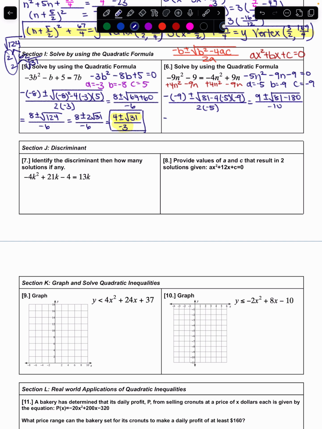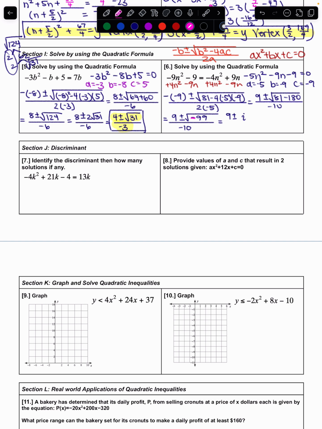So continue simplifying. 9 plus or minus the square root of 81 minus 180, that will give us negative 99, all over negative 10. Now we have a problem, and that problem is that negative in the radical. As soon as you see that, your next step should be take it out. So 9 plus or minus, we got the i.